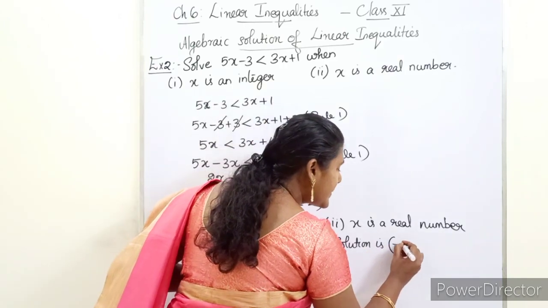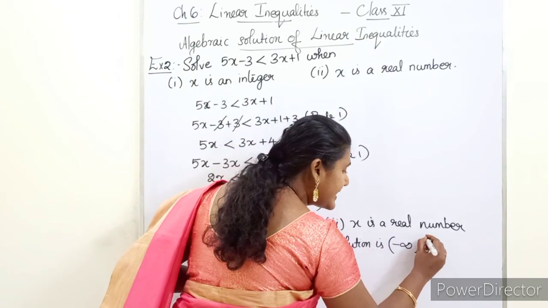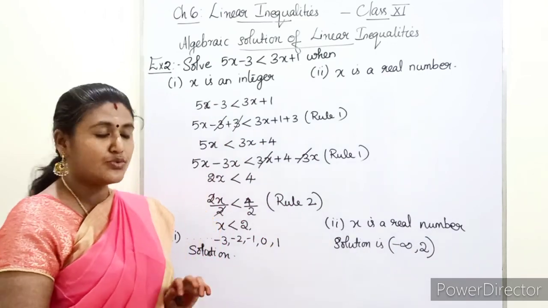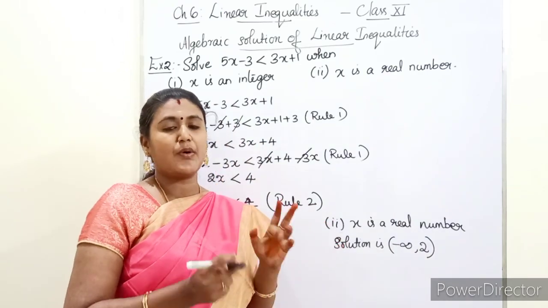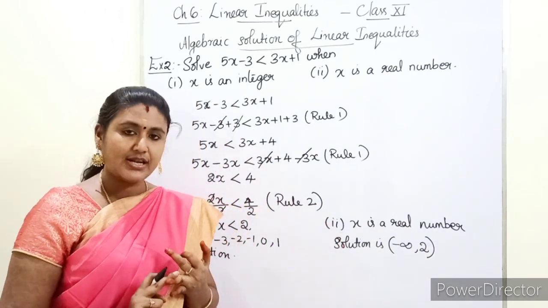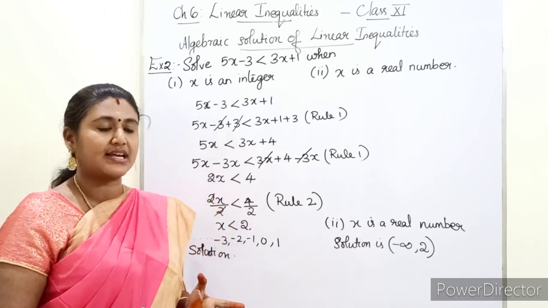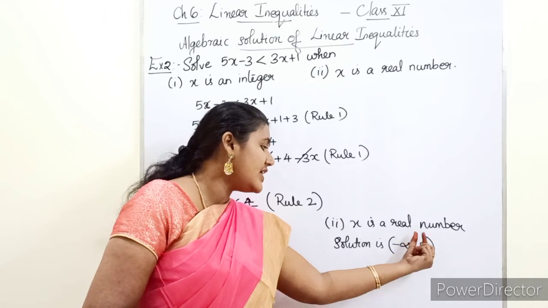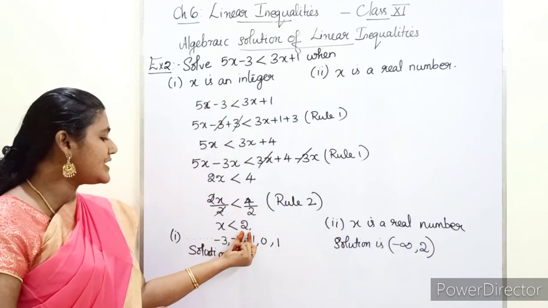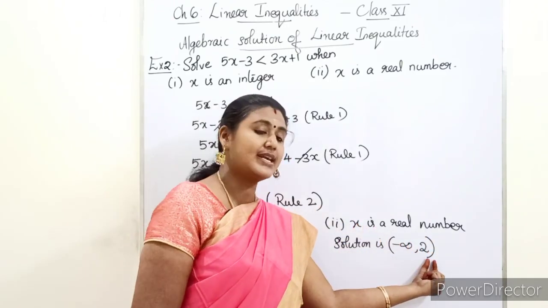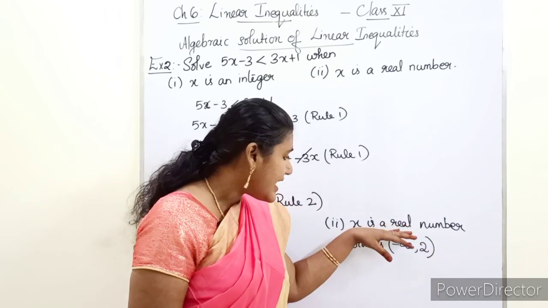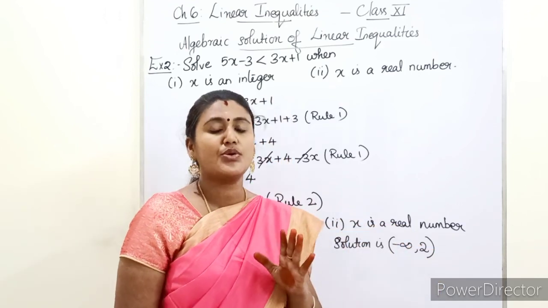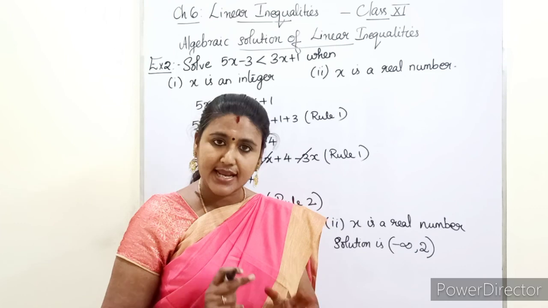So we can express it as an interval, that is minus infinity to 2. So all the numbers, positive integers, rational numbers, decimals, everything will come. Here 2 is not included, so we have written it as an open interval. So when x is a real number, you have to express the solution as an interval.